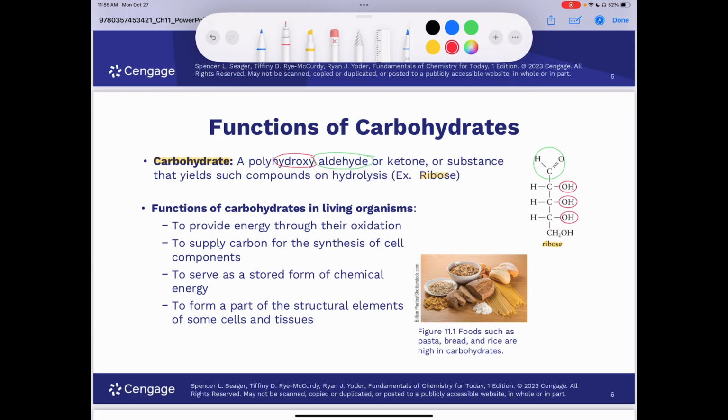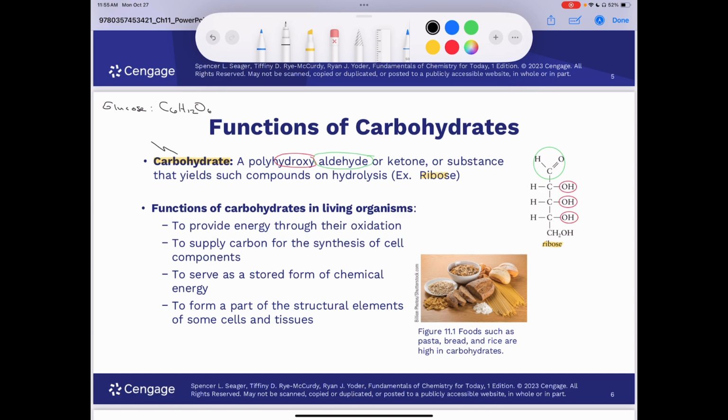Now, the name carbohydrate is kind of a historical name, but if you look at the formula of glucose, I'll just scribble it down up here. It's C6H12O6. So you can see that that's the molecular formula of glucose.